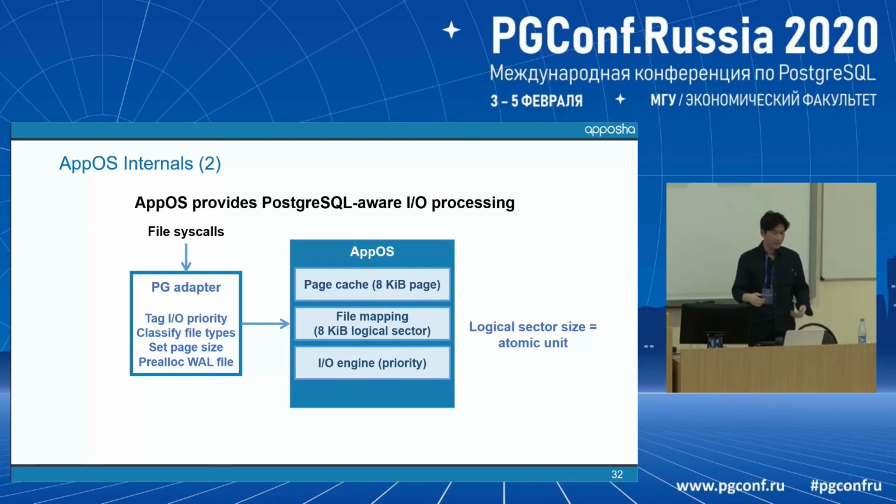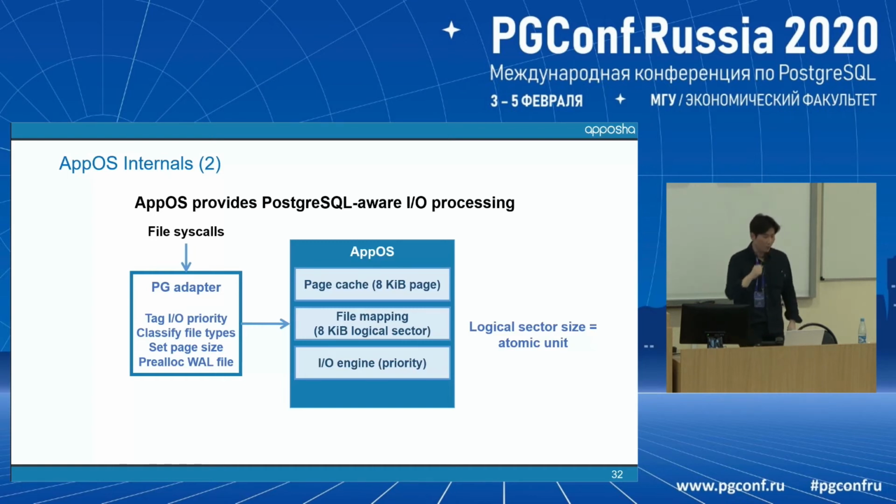And inside AWS, the page size in the page cache is matched to the PostgreSQL buffer page size, which is 8 kilobytes by default. And we have the concept of logical sectors and logical blocks. In a physical environment, the sector size is 512 bytes or 4 kilobytes, right? That's why PostgreSQL cannot rely on atomicity, because the atomic unit should be 8 kilobytes, since the PostgreSQL page size is 8 kilobytes.